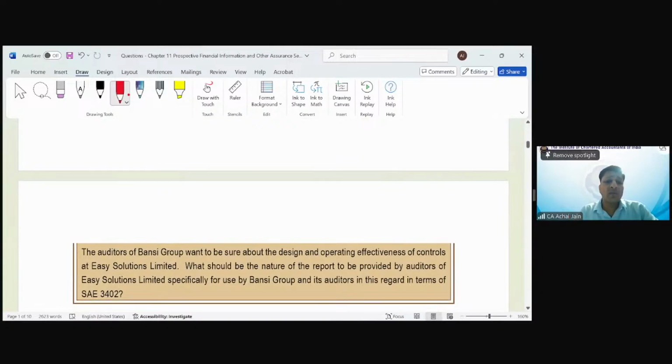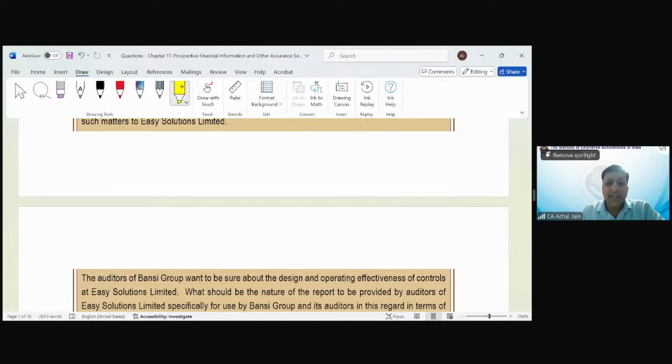Auditors of Bansi Group want to be sure about the design and operating effectiveness of controls at Easy Solutions Limited. What should be the nature of the report to be provided by the auditors of Easy Solutions Limited, specifically for use by Bansi Group and its auditors in this regard, in terms of SAE 3402?